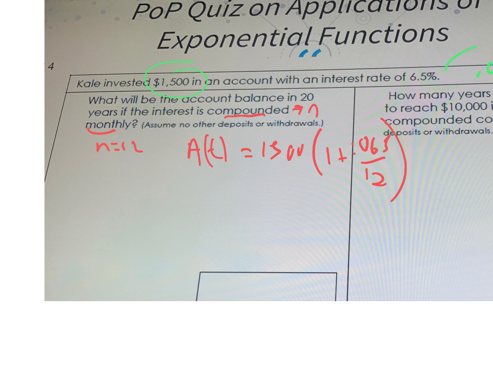Wait, why did you put 0.65 for R? That's N. You're right. NT, not RT. So it's 12T, right? Yeah, 12 times T. Thank you.